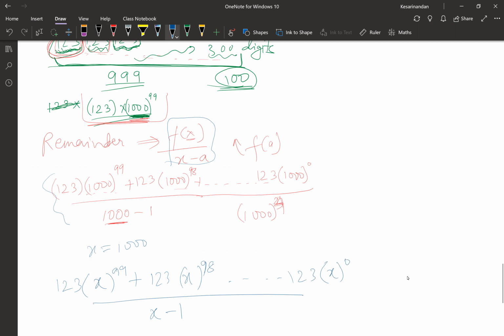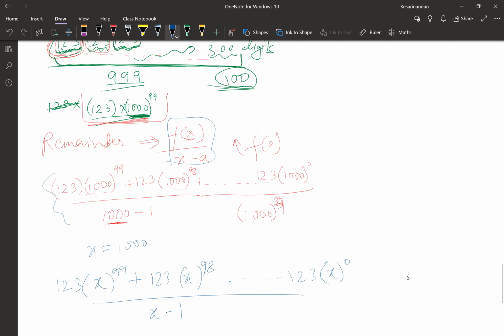What is your a here? 1. Now put the value, find the value of f of a, that will be the remainder.